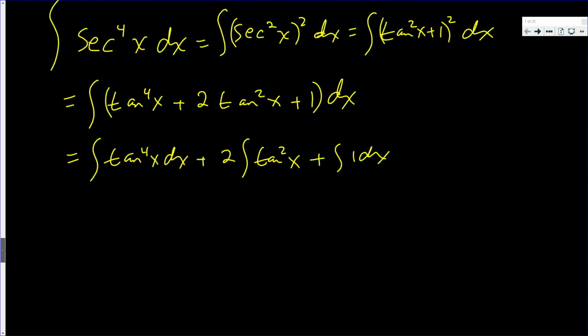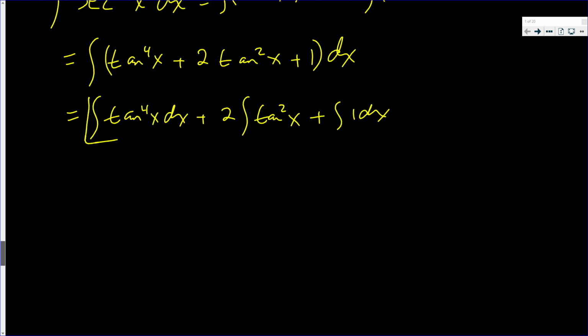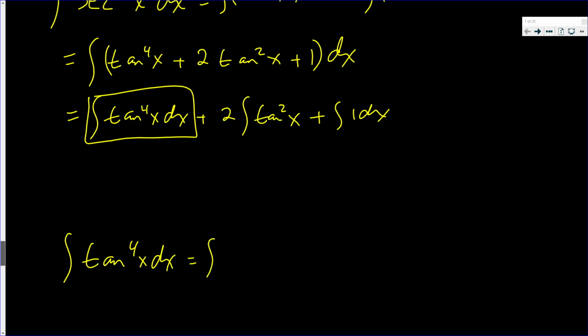So let us try to figure out how to handle this first integral. Okay, so the integral of tangent to the fourth x dx, well, this is equal to tangent squared x times another tangent squared x.